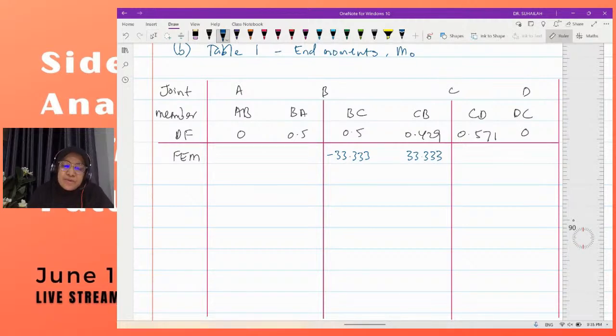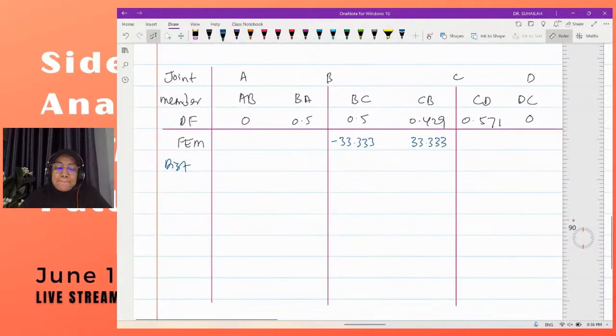The first step is distribution. So we have to calculate this value and this value. Don't forget we have to distribute the joint moment. In this case, the joint moment is positive 33.333. So this 33.333 we multiply by 0.5.